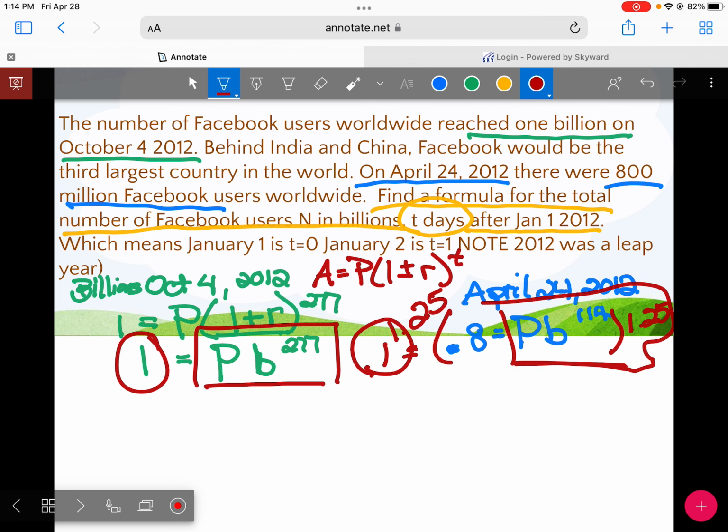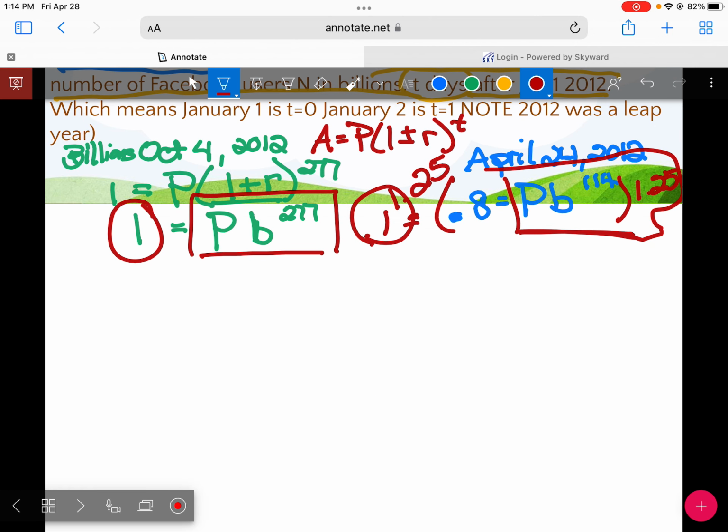All right, so now I am going to set P times B to the 277th power, yes, you should write this down, is equal to, I had to multiply this other side by 1.25 times P B to the 114th power.